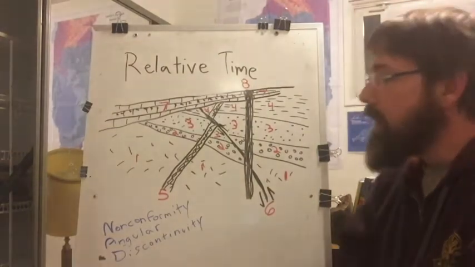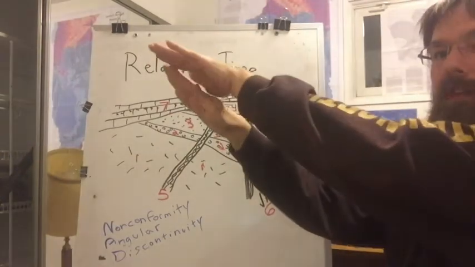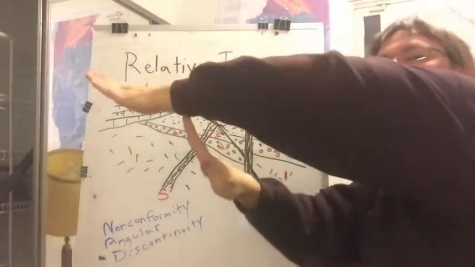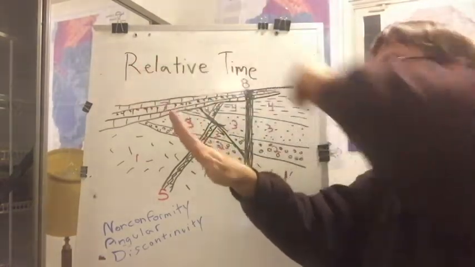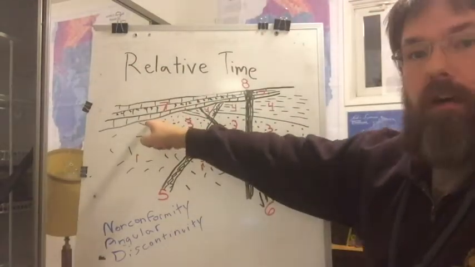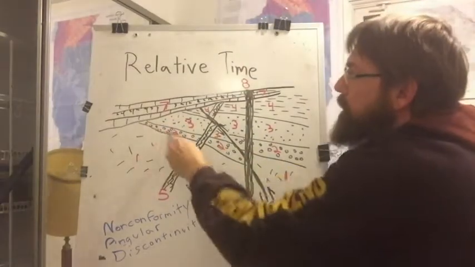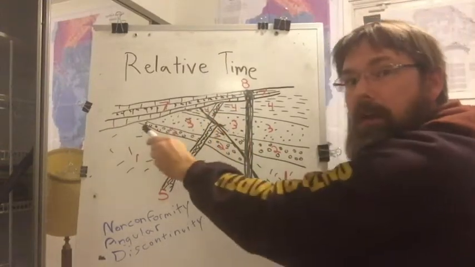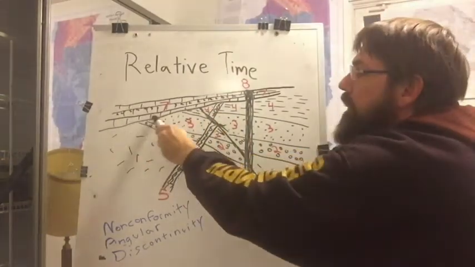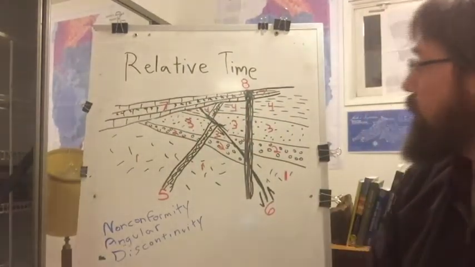But you'll get rock units that become lifted, tilted, and then they start to get eroded, and something else gets deposited on top of that later and forms an angular unconformity. That's what this is. You have your dipping beds going this way here, but your limestone dips that way. This is your angular unconformity right here, and it's also erosional in this case as well.